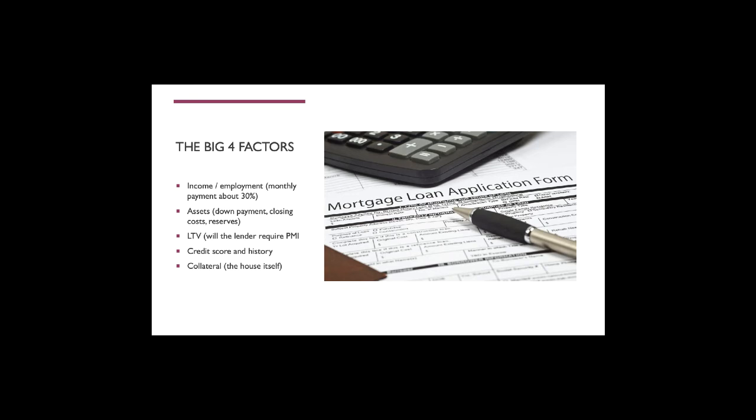And of course, we want your employment to be stable enough that we can reasonably count on that employment and that income continuing into the duration of your loan. That's number one. Number two, we want to consider the assets. The assets that will form the money you're going to use to make your down payment, as well as to pay for any closing costs, as well as, do you have reserves after you make all of those payments?